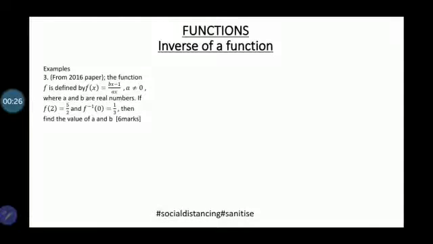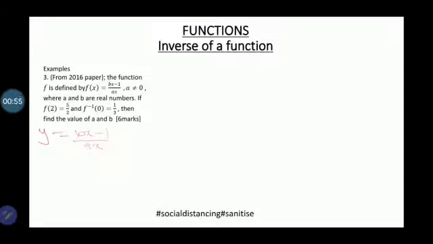If f of 2 is equal to 5 over 2 and f inverse of 0 is equal to 1 over 3, then find the values of a and b. Since we already have f of x, let's first find the f inverse of x. So we let f of x be y, so we're going to have y is equal to bx minus 1 over ax.